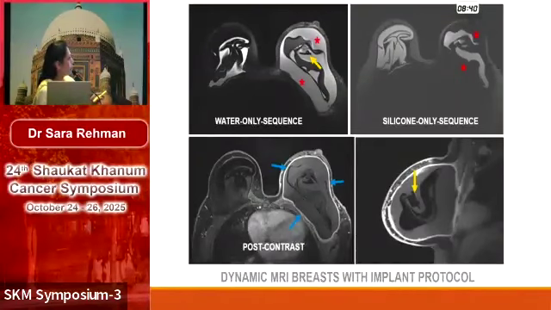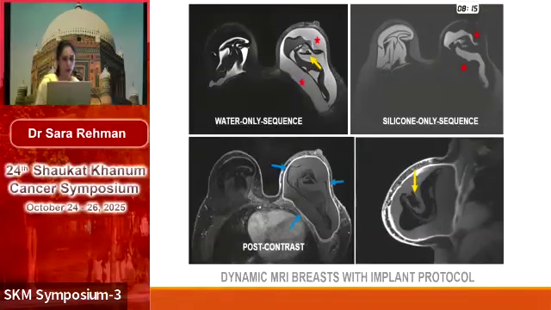On the left side, we can see this is the partially expanded Becker expander, and there's a huge peri-implant collection, which is causing displacement of the port. This is the port, and this is the peri-implant collection, which is resulting in left breast enlargement, and there's thickening and enhancement of the left breast capsule.